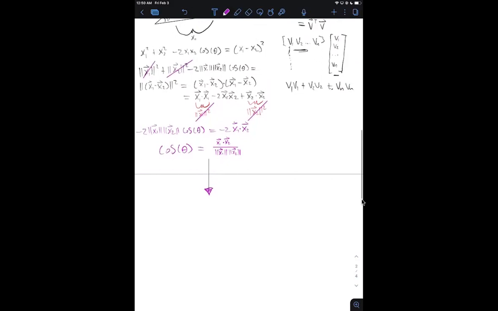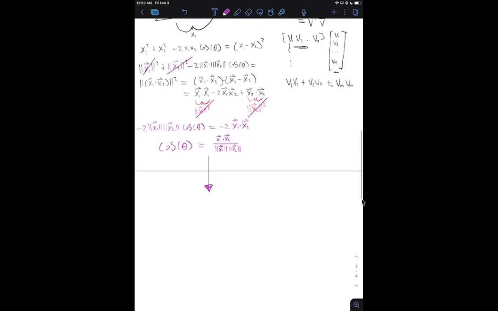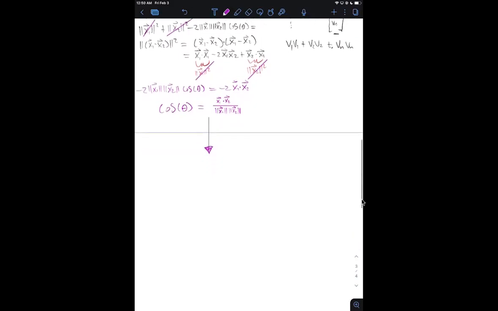And so a vector represents a score in n dimensions or on n people. So now let's assume centered vectors. So what are centered vectors?